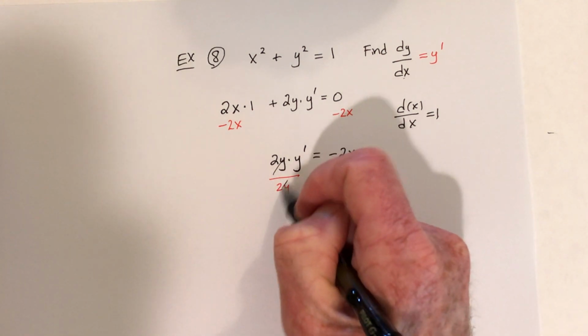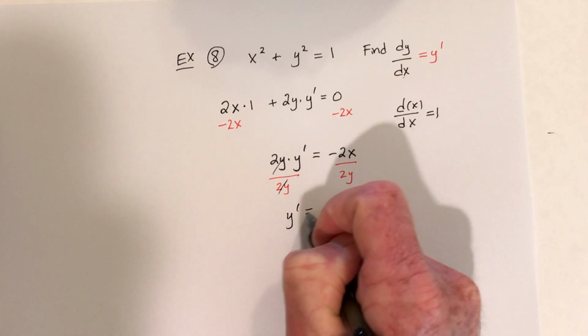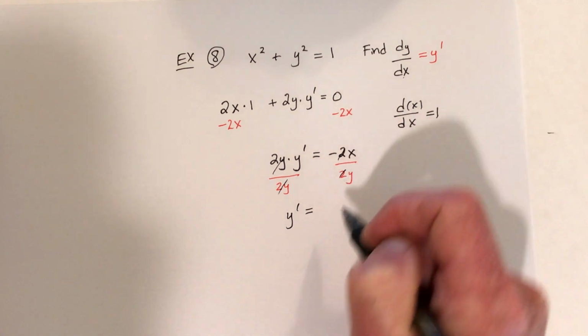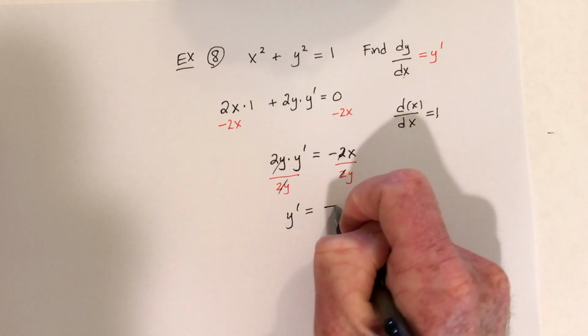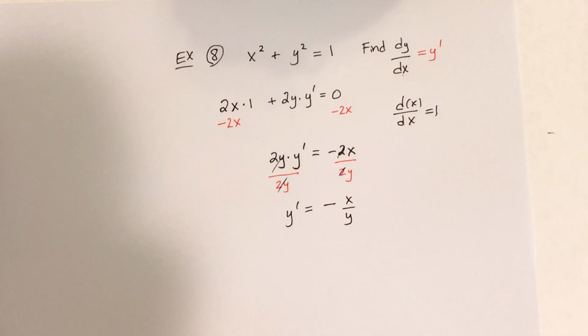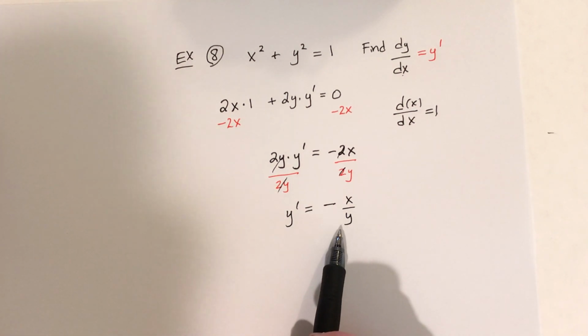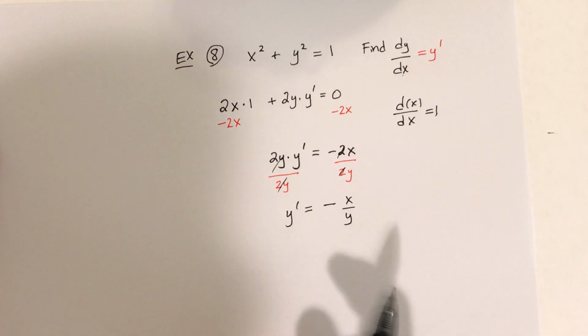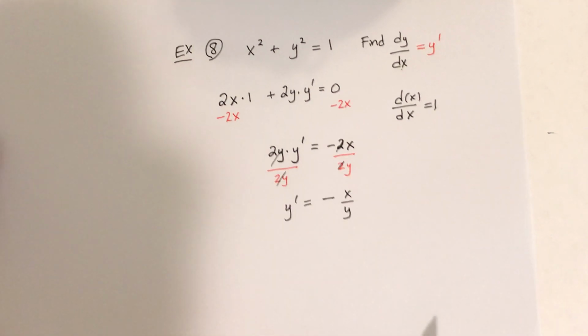And after you cancel, it's going to be y prime equals, and I can even cancel the 2's on the right side. So it's going to leave negative x over y. And we're then done. If they gave us some numbers to plug in, we could do that, but we're actually going to do that on the next one.